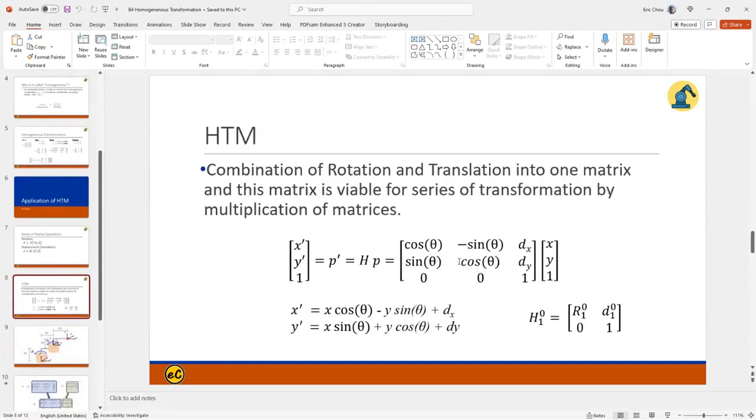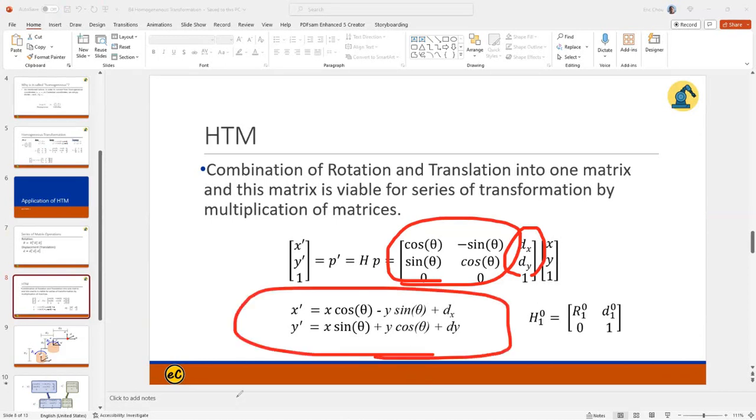So we combine the displacement matrix and the rotational matrix, and you get something like this. Mathematically, it's doing this calculation, but you are actually using matrices to do this.